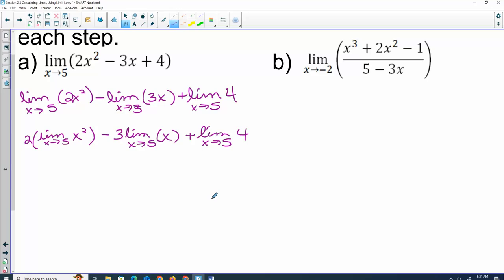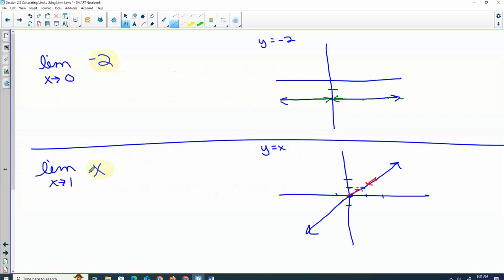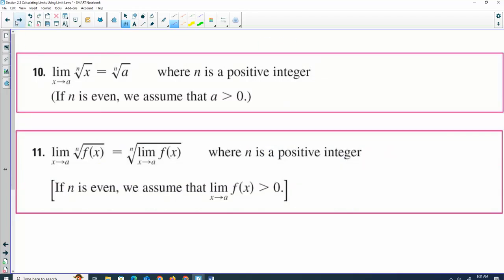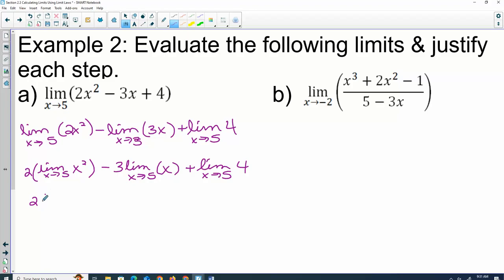All right. From here, we can plug in because we have this rule that says if you have the limit as x approaches a number of x to a power, you can evaluate that. So I have 2 times 5 squared minus 3 times 5 plus, what's the limit as x approaches 5 of 4?